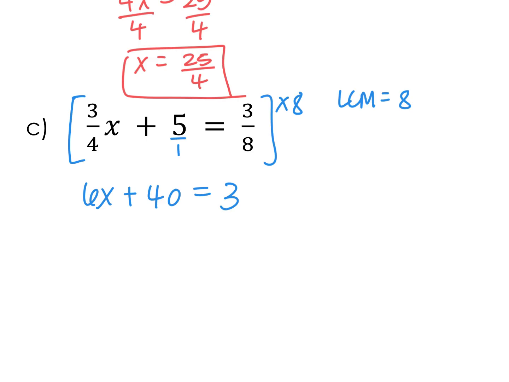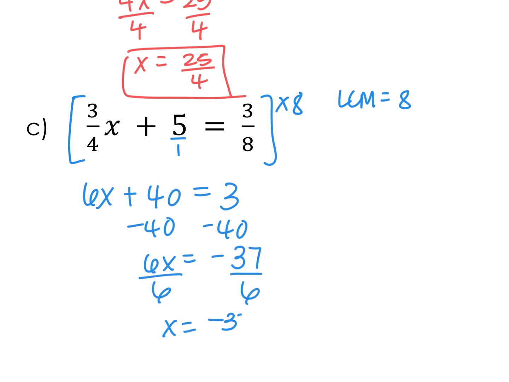Are we following? Now I just subtract 40. Negative 37. And then divide by 6, and then we leave it like that. So x equals negative 37 over 6.